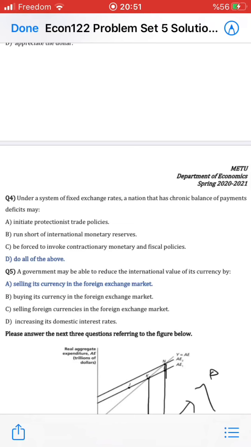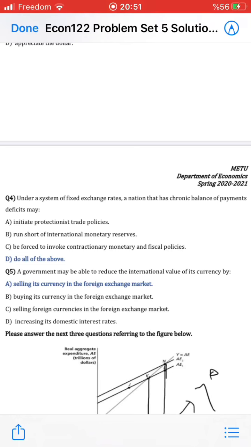Let's suppose that we are interested in the exchange rate market of dollar and Turkish lira. If you want to keep the value of the Turkish lira relative to the dollar when you are having current account deficits, you have to supply dollars into the market to keep the value of the dollar low compared to the Turkish lira.